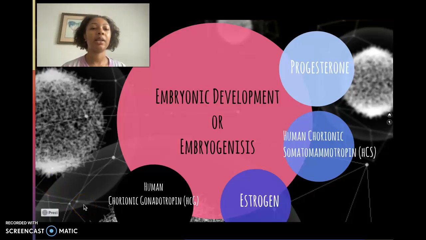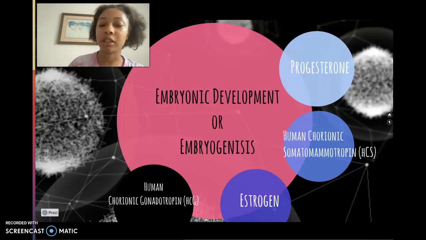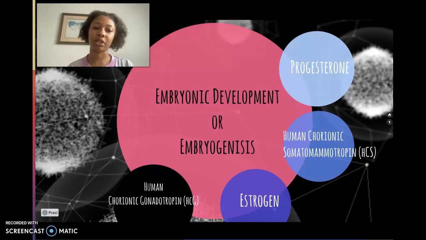So pregnancy tests try to detect this hormone, and it can tell you if you're pregnant or not. If you get pregnant, naturally your body will start to produce this hormone. And this hormone is actually responsible for maintaining that corpus luteum that we talked about earlier. It enables the corpus luteum to keep producing progesterone until around the 10th week, and that's when the placenta will take over and produce that progesterone.